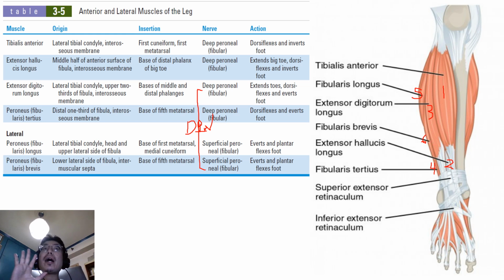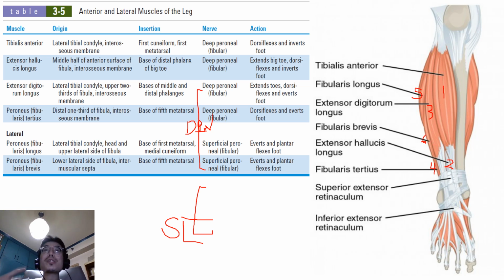While the anterior leg muscles are all innervated by the deep peroneal nerve, the lateral muscles, the peroneus longus and the peroneus brevis, are innervated by the superficial peroneal nerve. Therefore, perhaps a useful mnemonic for this is SL, which can stand for sick leave.